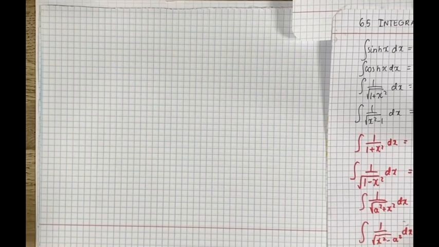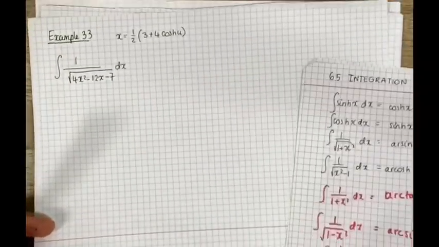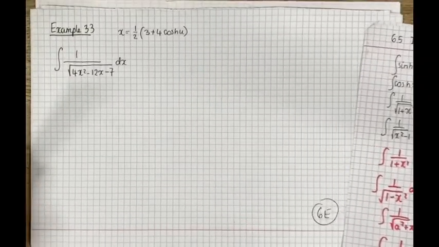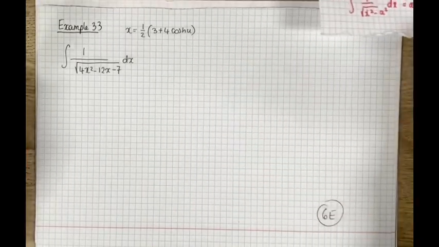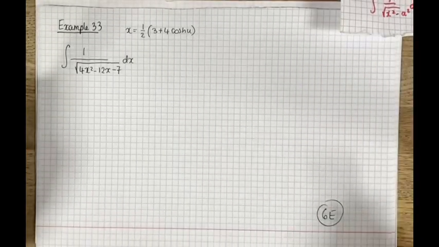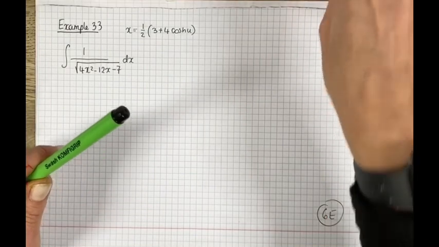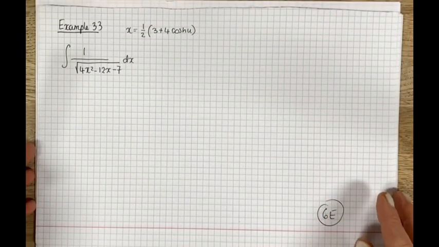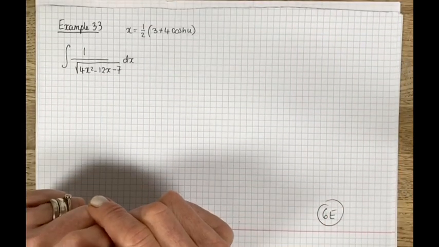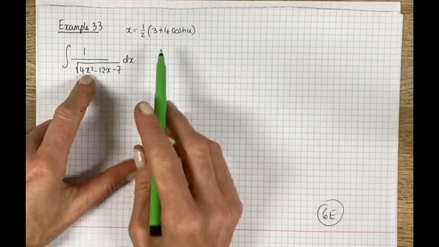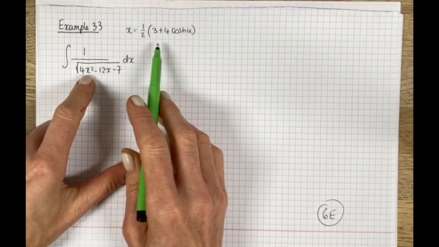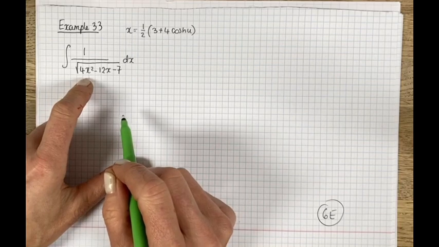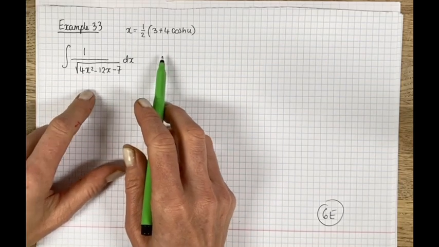Okay, finally, we're going to move on to example 33. This time, lucky us, they gave us the substitution. It's always nice when they do that. I'll refer to this list in a minute if I need it. But at the moment, it looks a bit strange, quite a big substitution, so you probably would find it difficult to come up with by yourself.